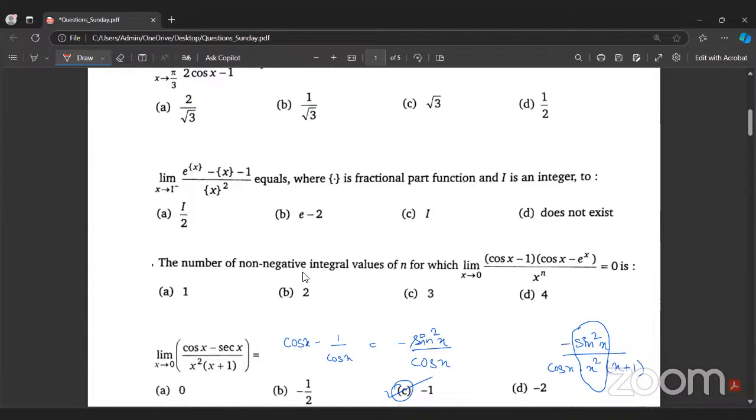No, sir, I didn't see the answer. Okay. Anyone else who has solved this question, e raised to the fractional part minus 1 by fractional part square? No one? Anyone who has done this question in today's test?